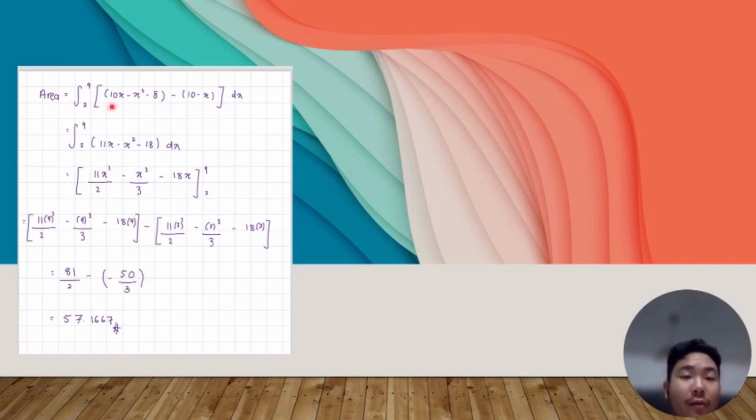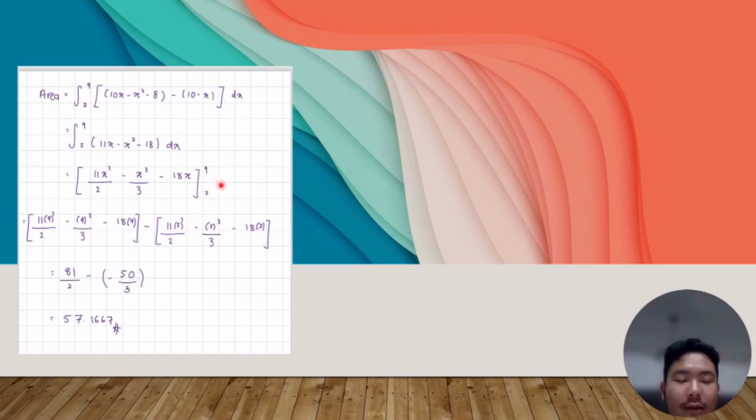So now solve this equation and we'll get the integral of 11x minus x squared minus 18 dx. The next step is to integrate this and we will get 11x squared over 2 minus x cubed over 3 minus 18x, with limits 9 and 2.